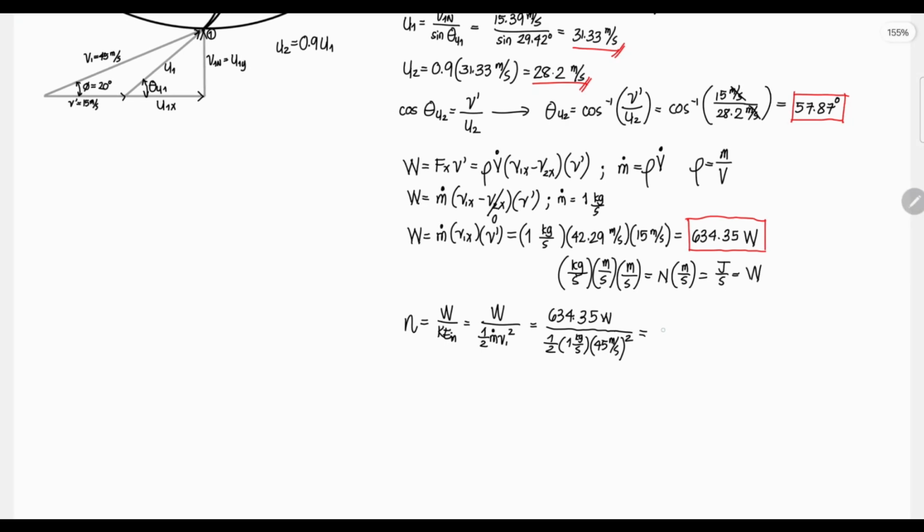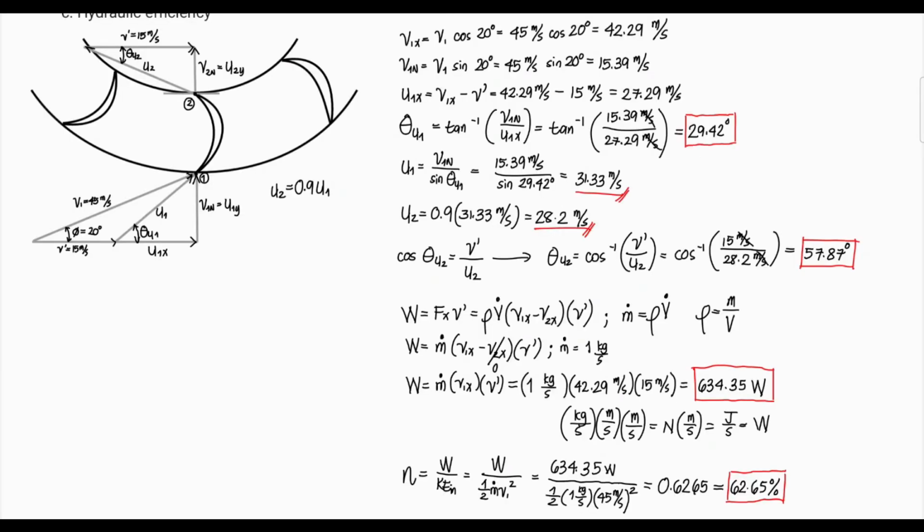Now this is equal to 0.6265, and when we multiply it by 100, this will result to 62.65%. Now this is the efficiency for this problem. So these are now the solutions for this problem. So we got the vane angle at entry, vane angle at exit, the work done, and the efficiency.